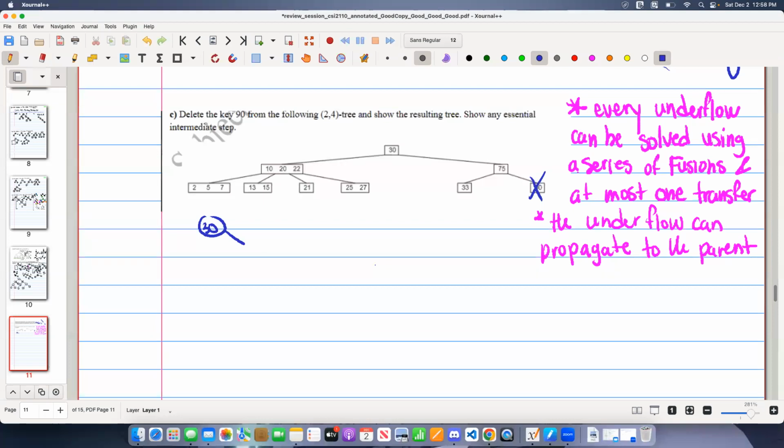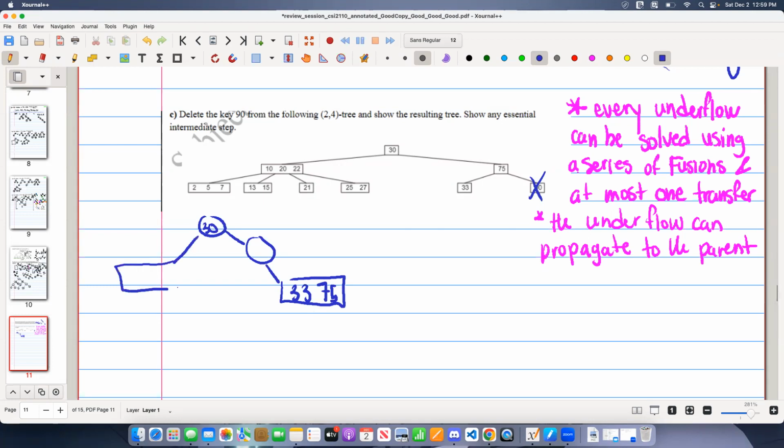Since we have an underflow, we're going to take 75 and drop it down and combine it with 33. So this is what I'm saying, we're going to fuse 33 and 75. This is 75. Okay. And we're going to propagate.